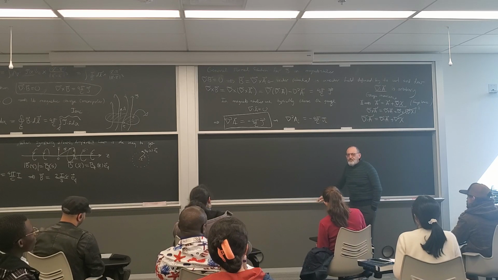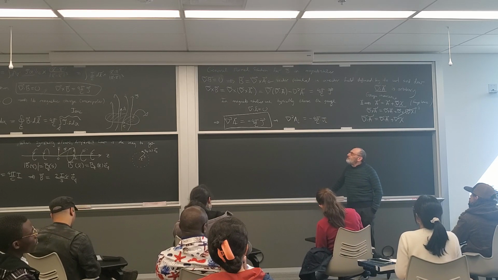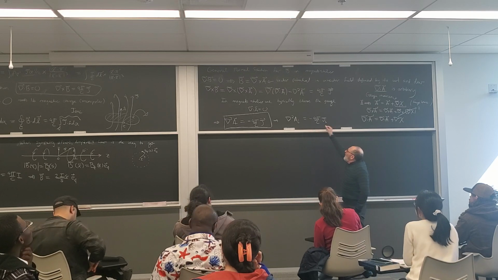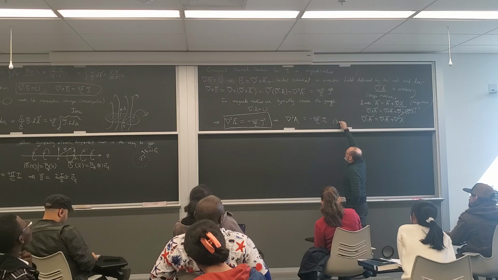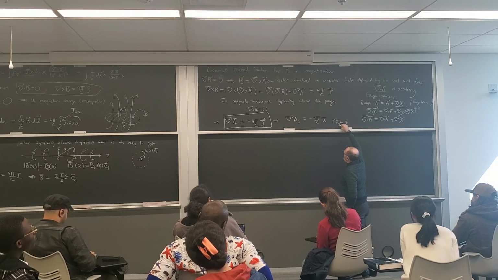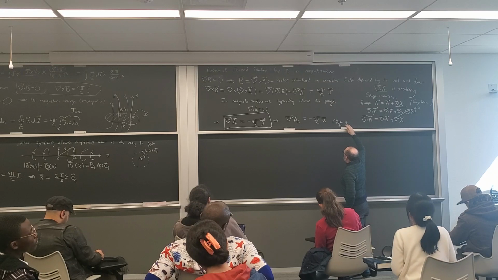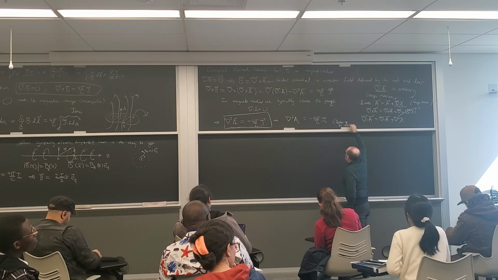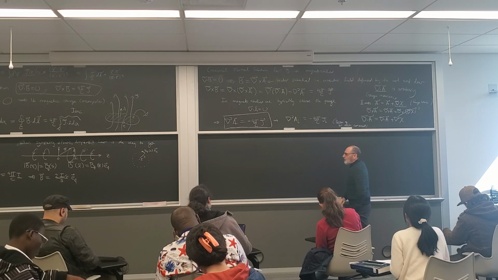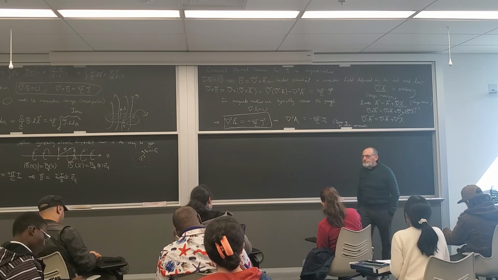It's one we've seen before. We could use the Green's function. We know this is the Poisson equation for each component. Each component satisfies its own Poisson equation in this gauge.